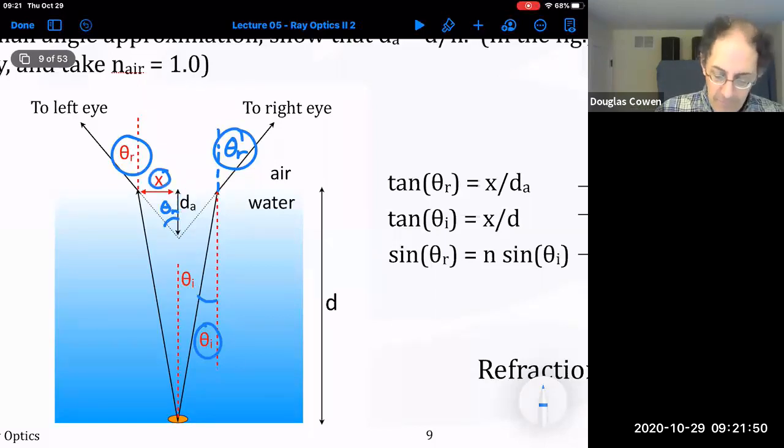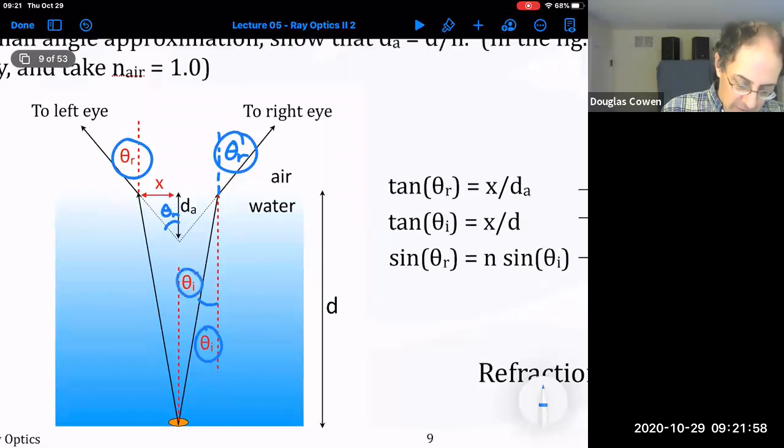And we can write that the tangent of theta sub i, maybe it's easier to look at this theta sub i in order to calculate that, is this distance, which is also x, divided by this distance, which is d. So that's x over d.